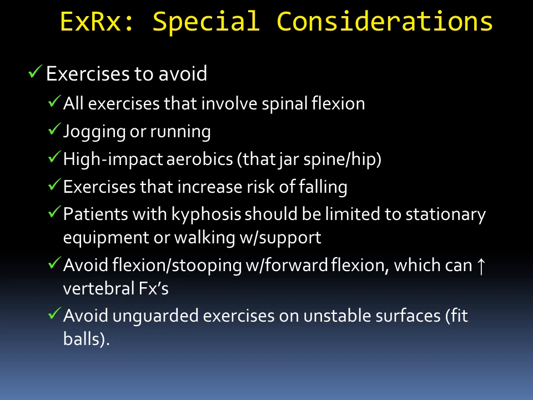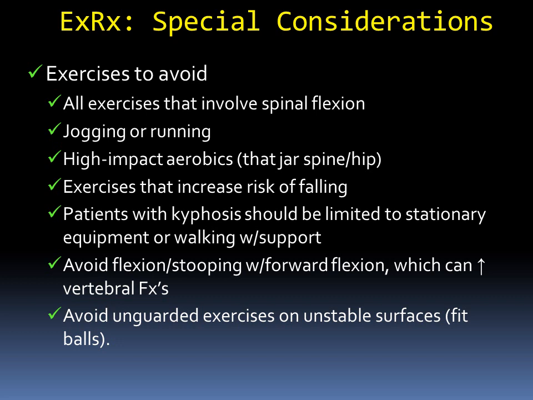We need to avoid exercises that are going to increase the risk of falls. And we also need to consider that patients who have kyphosis or a kyphotic posture should be limited in terms of the stationary equipment or walking with supports, so that we don't increase their risk of falling either.